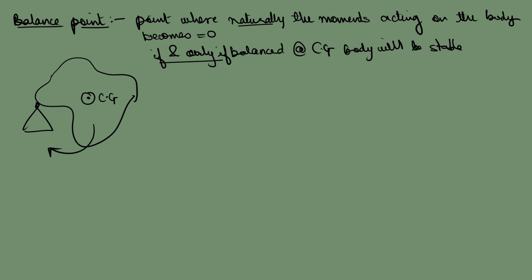The body is stable only and only if the pivot, which is a point or a balance that we apply, like a finger or a pivot scale or a center point, is on the CG. But if this pivot is not coincident with the CG, that means it is not at the same point as the CG, the body is 100% going to be unbalanced.